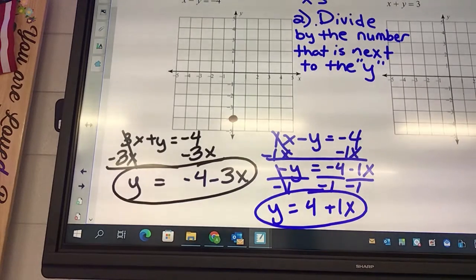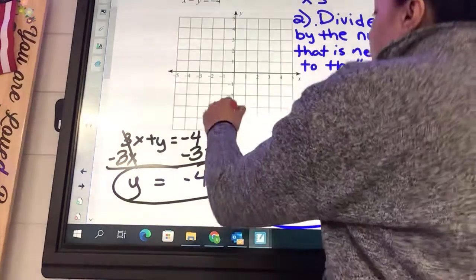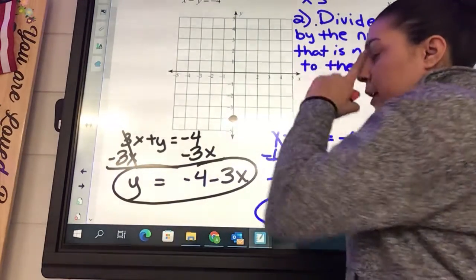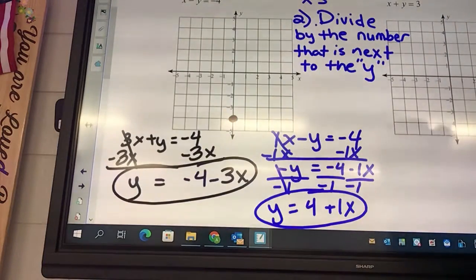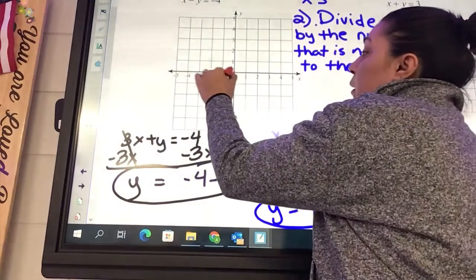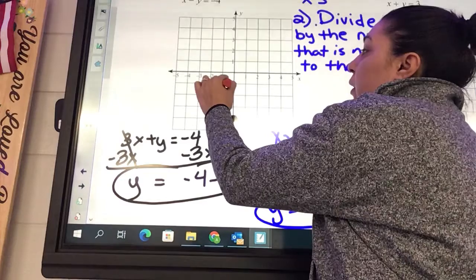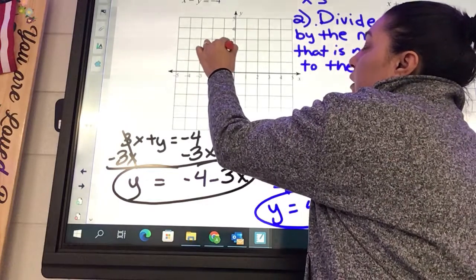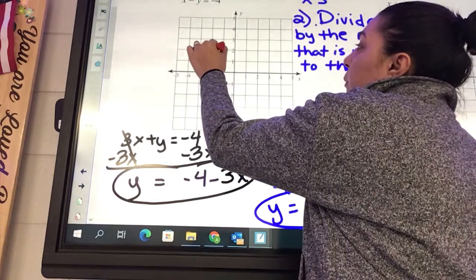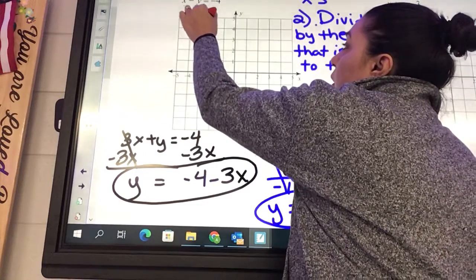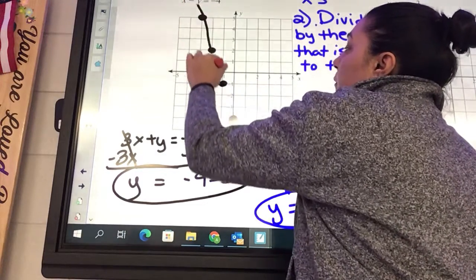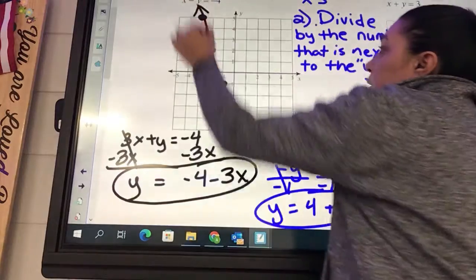So you're gonna go up 3 and over 1. Over 1 which way? Left or right? To the left, because it's a negative slope. Okay, and same thing, you're gonna go up 3, 1, 2, 3, over 1. Okay, remember on our first line, we need to plot as many points as we can.